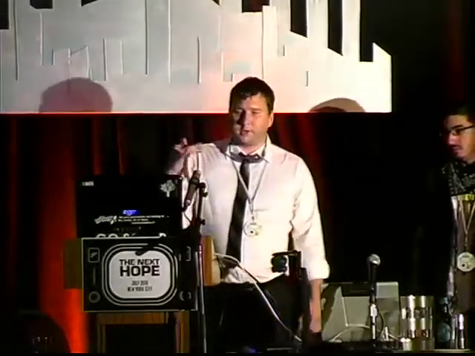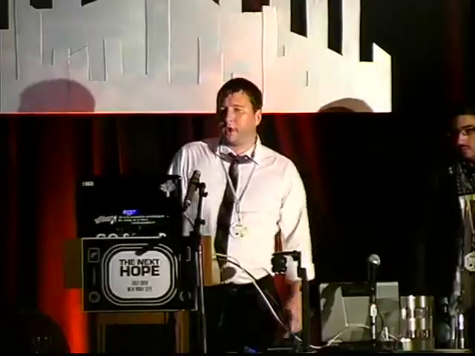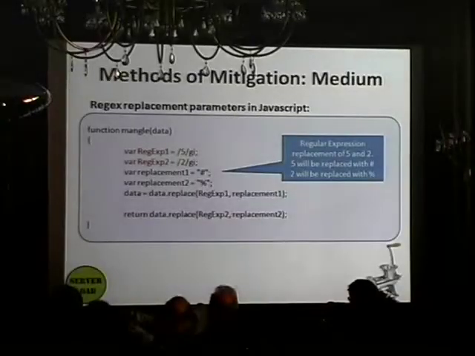Here's a simple JavaScript function for prefixing, postfixing. You can do any number of string manipulations that you want, as long as you can undo it on the server side, whatever server side code you're using. Here's a regex example, replacing the 5 and 2 with the number and percent.